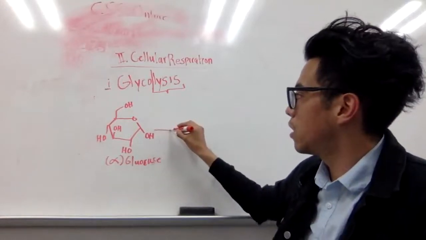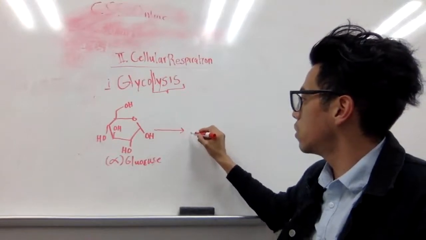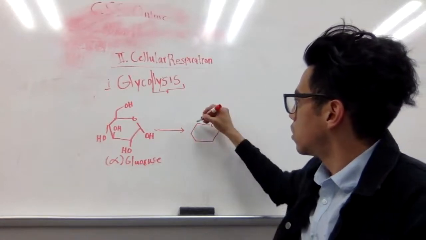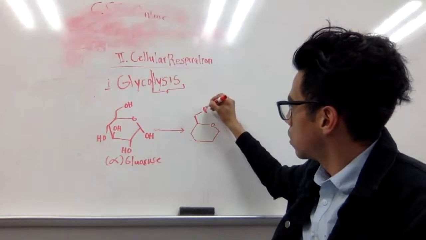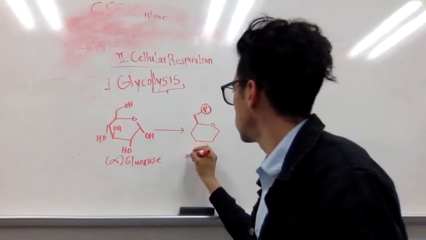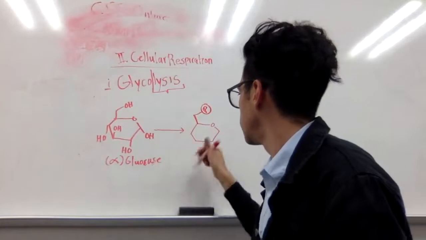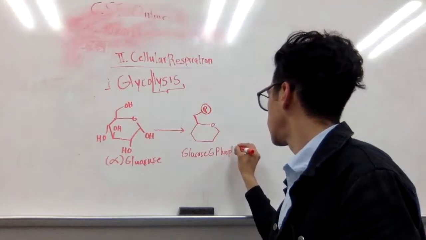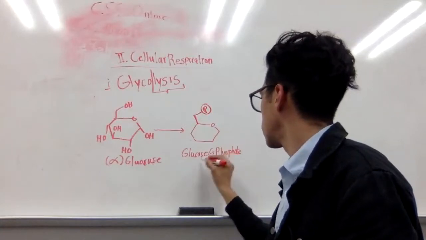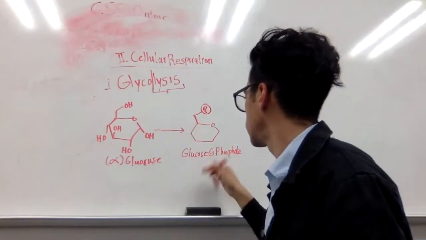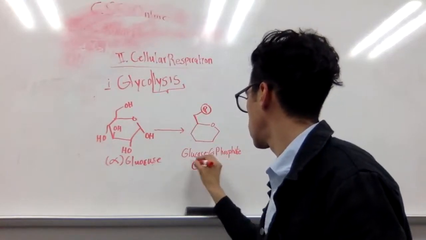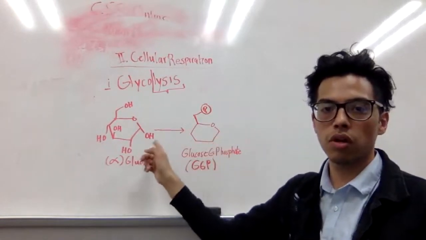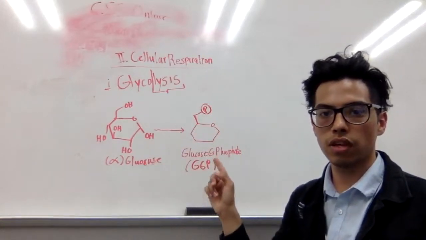And the first step is converting this molecule of glucose to G6P, or glucose 6-phosphate.